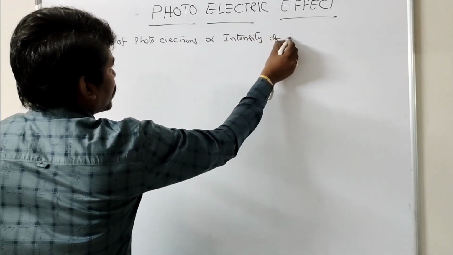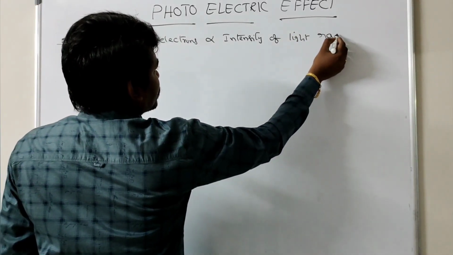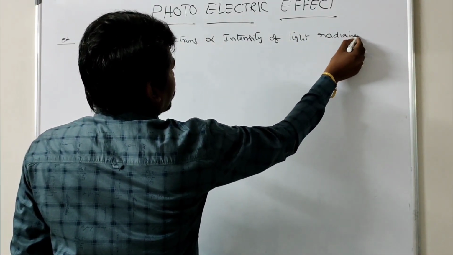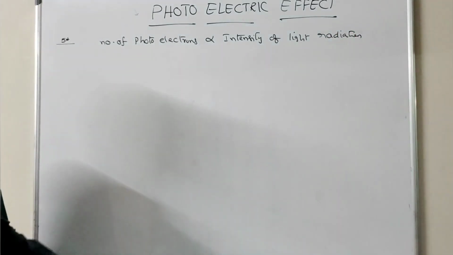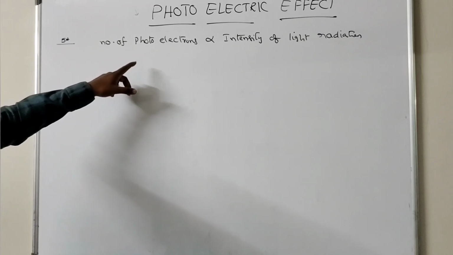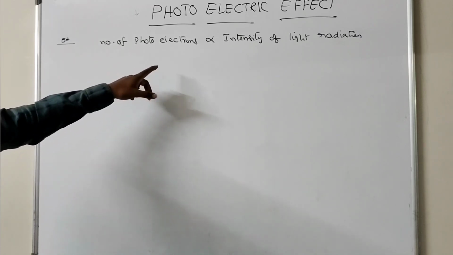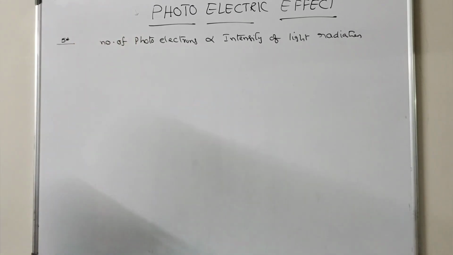The number of photoelectrons emitted is directly proportional to the intensity of the light radiation. Which light radiation? Incident light radiation.